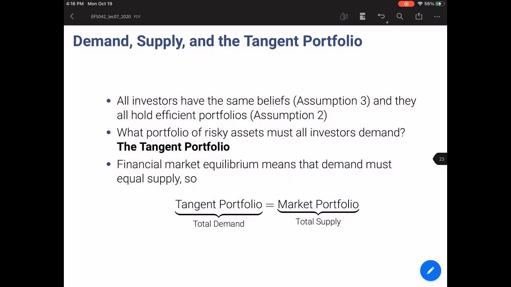And number three, we are assuming that information is eventually perfect in equilibrium. So there's no arbitrage. Everybody learns from everyone else, and nobody wants to change their position. So everything's static. In that case, we finally have market equilibrium, and therefore the market portfolio must equal the Tangency portfolio.